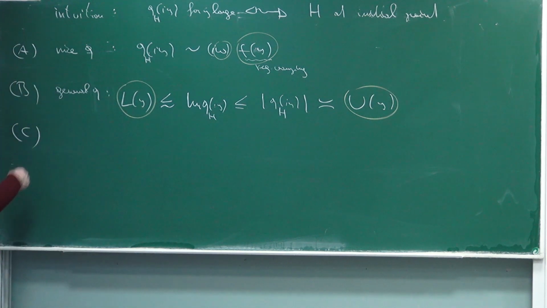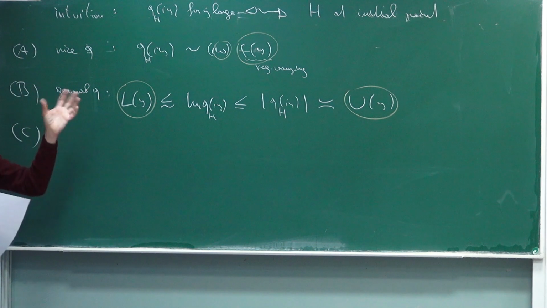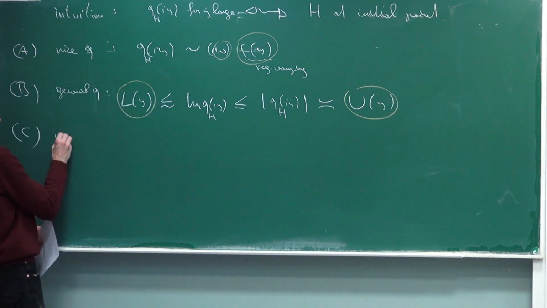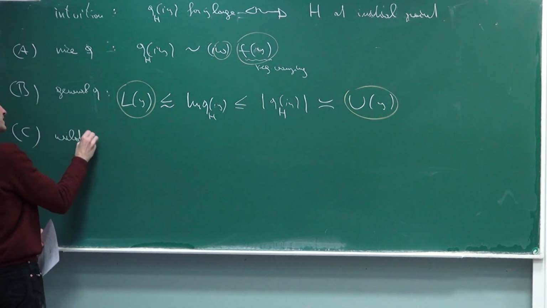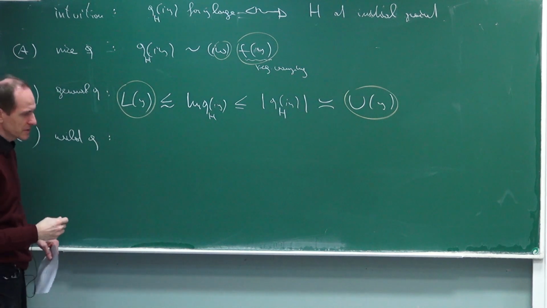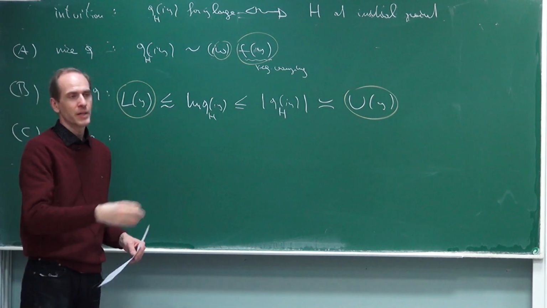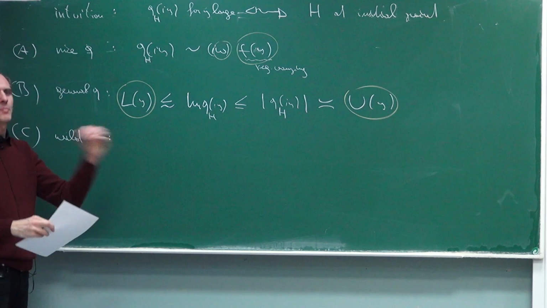The third theorem deals with, let's say, wildly behaving Q. Actually it is not a theorem, it is a range of examples.